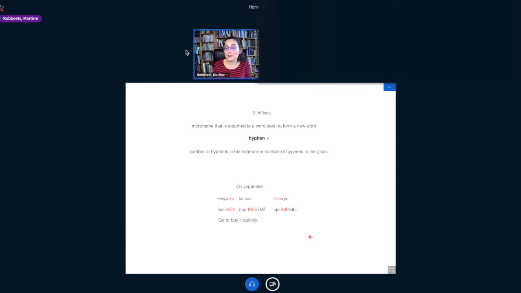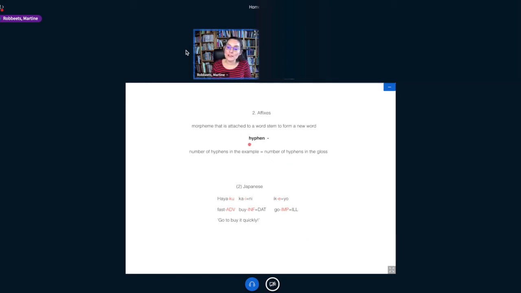You can attach the morpheme at the end of a word, or at the beginning of the word. In the beginning, that would be a prefix. At the end, that would be a suffix. Mostly in Japanese, it will be at the end of the word. There are very few prefixes in Japanese, as we already said, and also very few in other Trans-Eurasian languages.